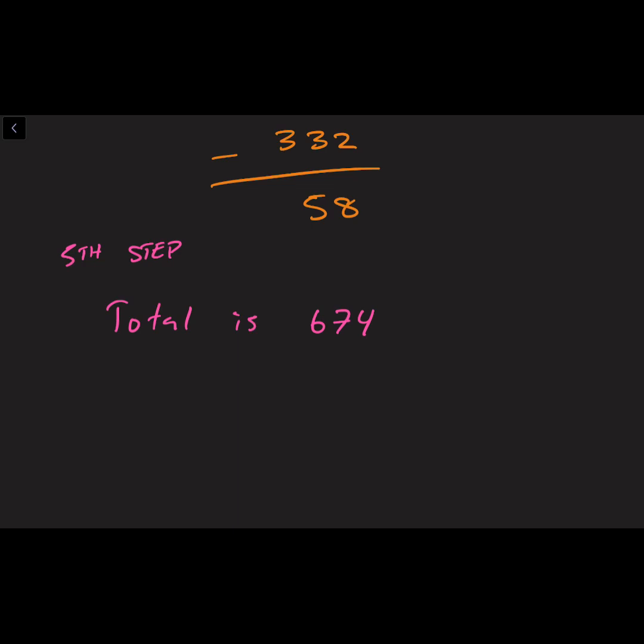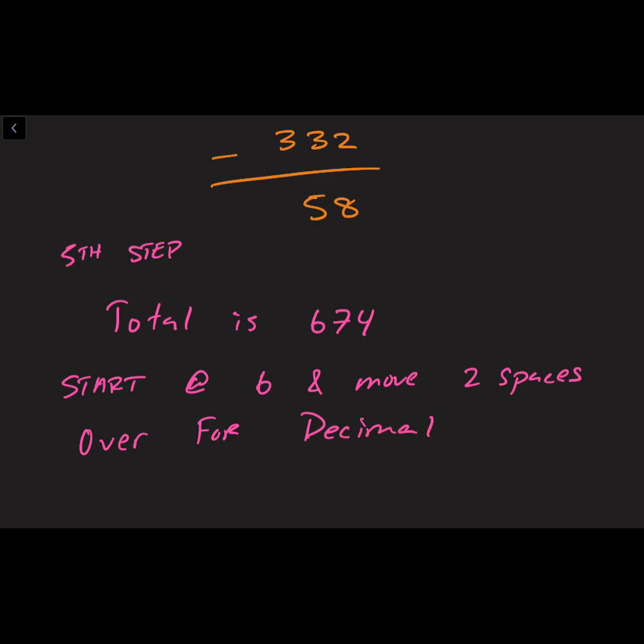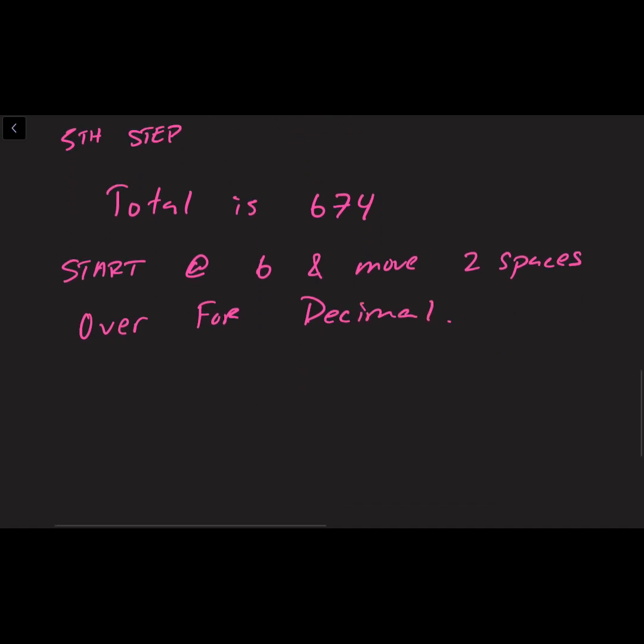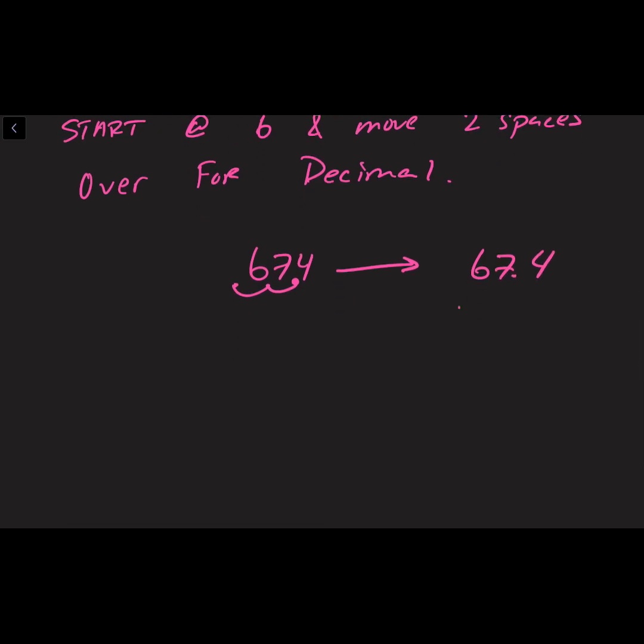And so we're going to start at the 6 and move 2 spaces over for our decimal, to make this into a decimal because it's not 674. We got 1, 2. So our decimal is going to go right there. So that's going to give us 67.4. Okay.